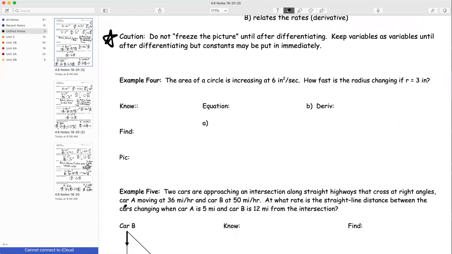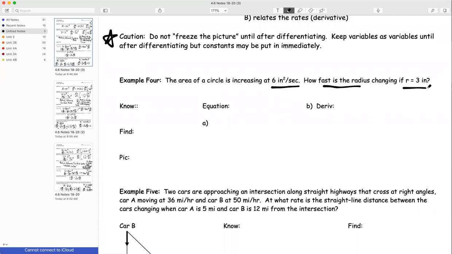examples. Example 4. The area of a circle is increasing at 6 inches squared per second. How fast is the radius changing if r is equal to 3? So step number 1 is to write down what we know. They give me this 6 inches squared per second.